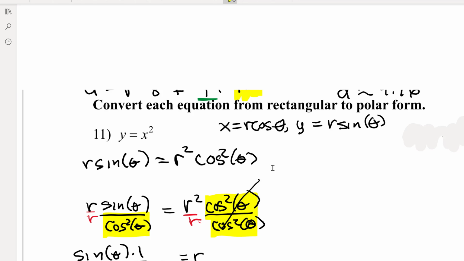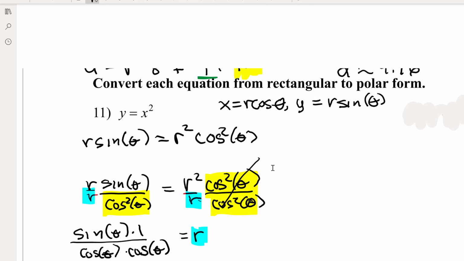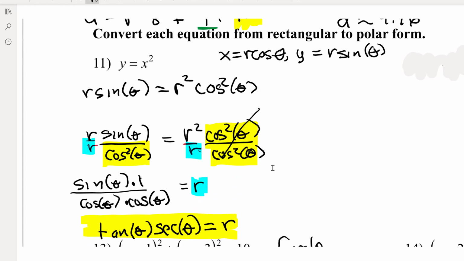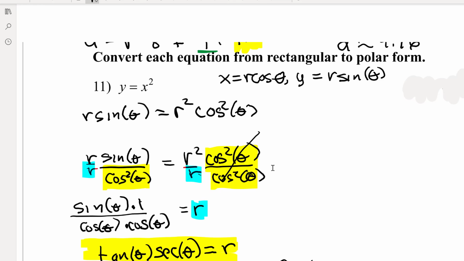And then because I knew I wanted to move the r's, I divided both sides by r. So r squared divided by r is r. And then when I divided the other side by cosine squared, I just rewrote it as cosine times cosine. So it's sine over cosine times 1 over cosine. Well, sine over cosine is tangent, and 1 over cosine is secant. That's it.